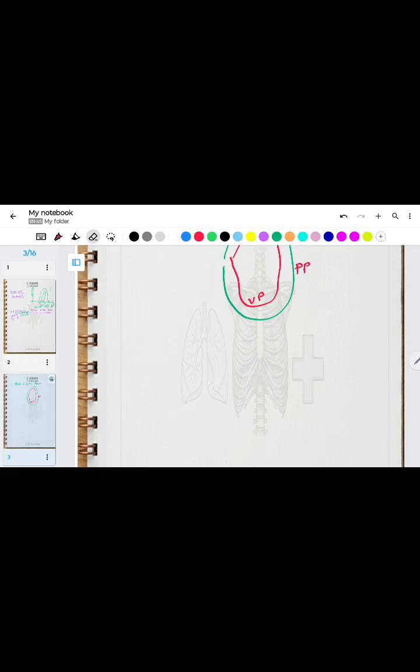So the parietal pleura, this is the parietal pleura, gets its blood supply from the systemic circulation. Okay, systemic circulation. So what are the arteries that supply the parietal pleura? They are internal mammary artery, intercostal artery, and the musculophrenic artery.